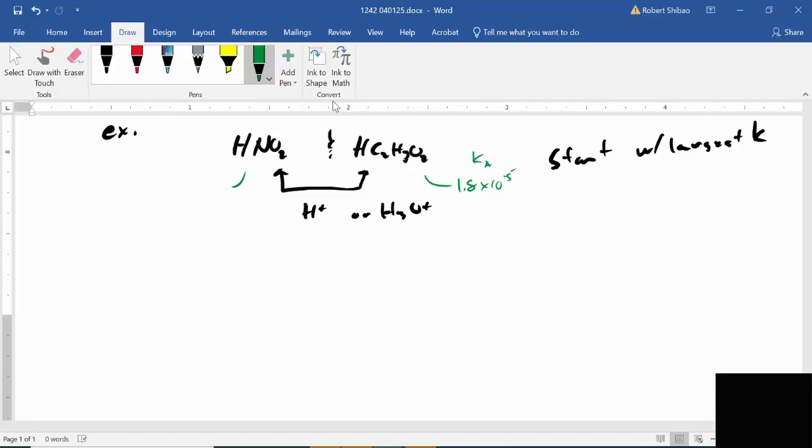But nitrous acid, I have to look that one up. It's 5.1. Can somebody read that? Times 10 to the minus 4? Is that correct? Bottom left? Or near the bottom left? 5.1 times 10 to the minus 4? Yes. Okay, thank you. All right, which one's bigger?